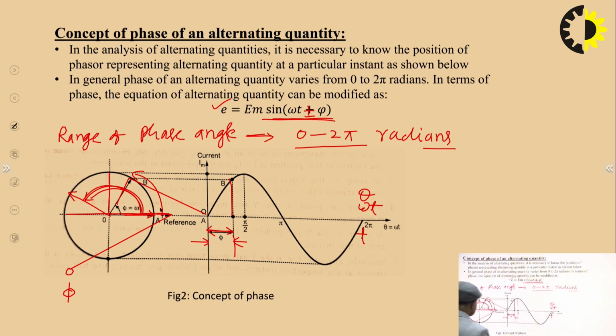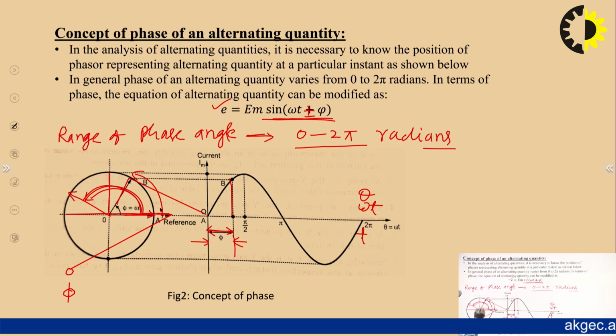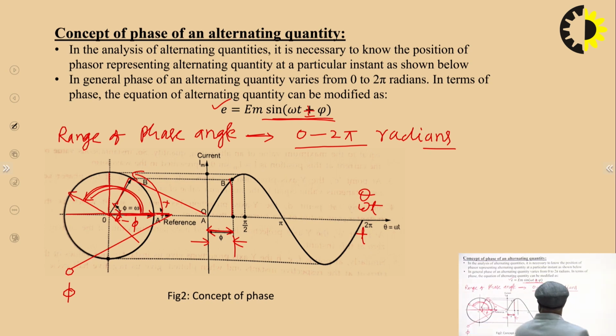When we measure the phase angle upward from the x-axis, we take it as positive, and when we measure the phase angle below the x-axis, it is taken as negative. So this is the meaning of phase angle.